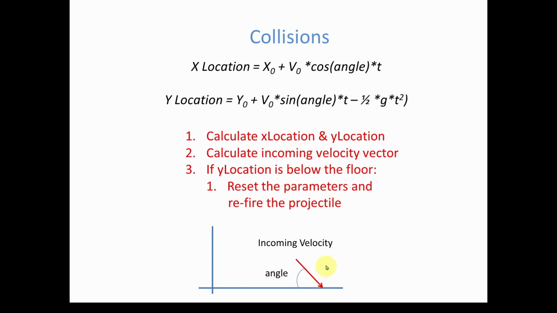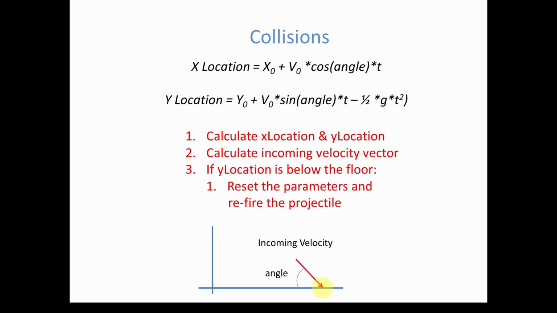And if you think about it, all we're doing is we're saying at this point where it collides, we have to reset all the values so it goes off in a different direction. And that's kind of like we're starting from zero, like we did with our initial part of the simulation. It's like we are refiring it, but now we're starting from this floor position.